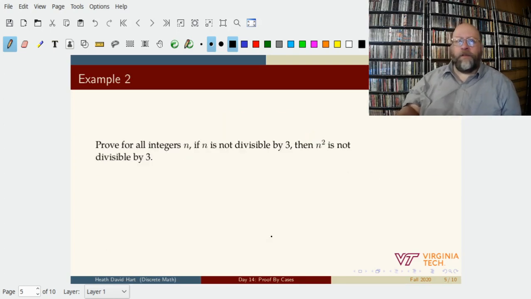So let's try another example. Prove for all integers, if n is not divisible by 3, then n squared is not divisible by 3.